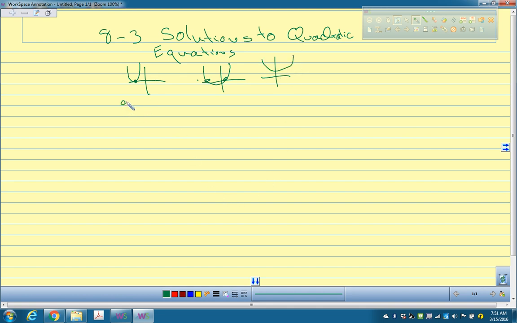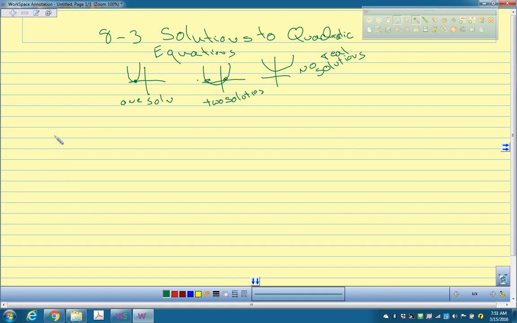This is when you have one solution. This is when you have two solutions. Where it crosses the x-axis is also known as a solution, okay? And this is no real solutions, but you do have complex solutions, and we'll talk about those, okay?